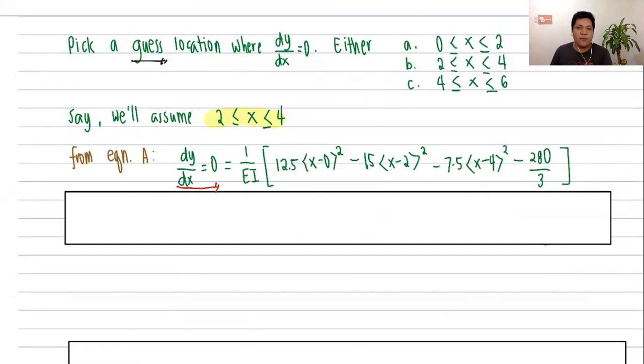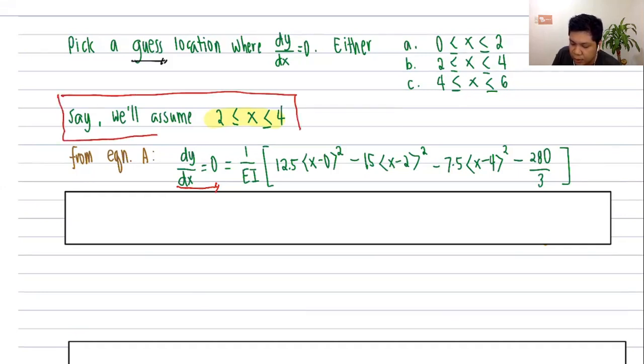However, please be careful. Why? Please remember that I assumed that the location where dy over dx is 0 is between 2 and 4. We always need to make this assumption. Why is it important?